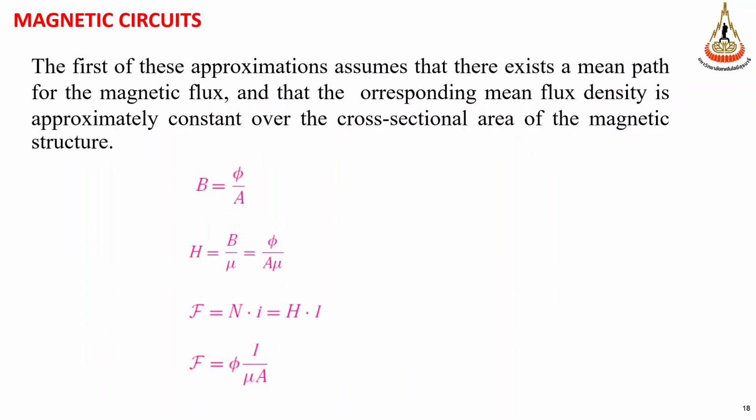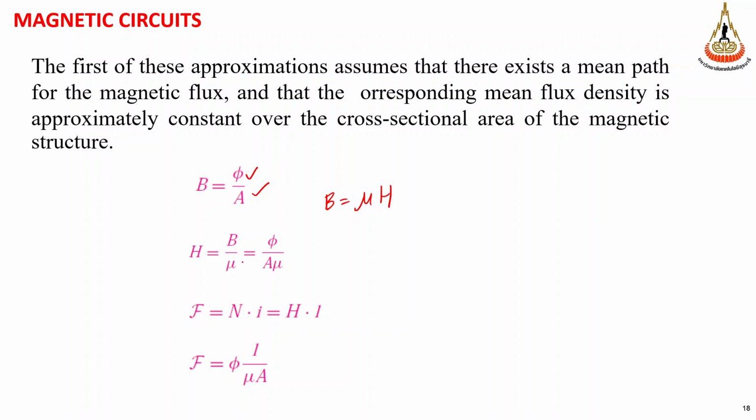In the magnetic circuit, we calculate flux in Weber, and flux density B in Weber per square meter, which is flux per area.